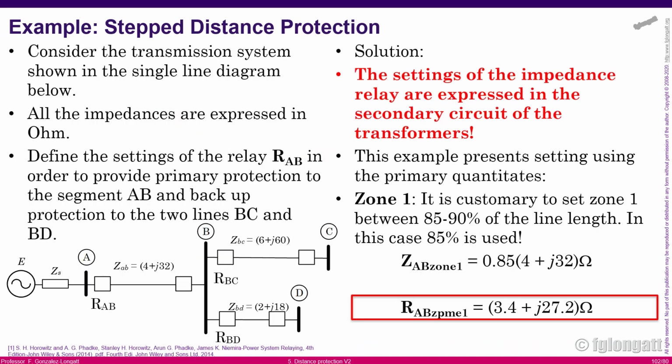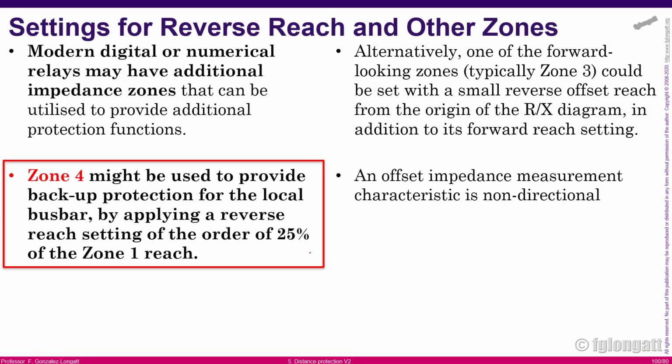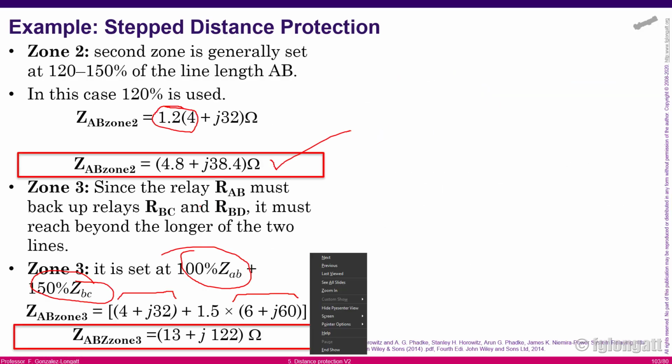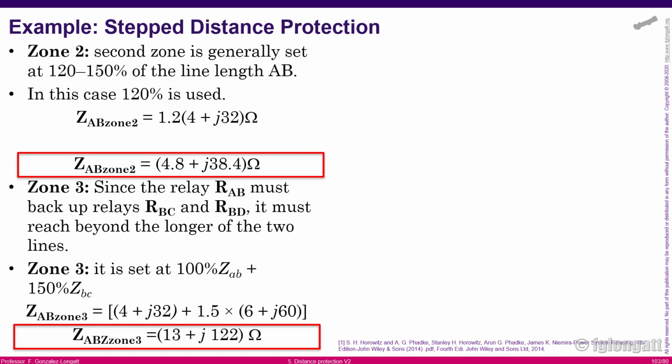I believe you can see here this is the next line. Doing so, we obtain the setting for Zone 3. Very simple. There is no problem. Settings like this are extremely simple.